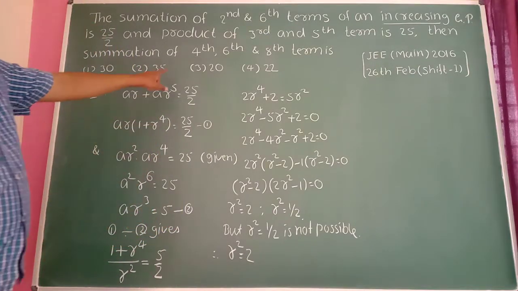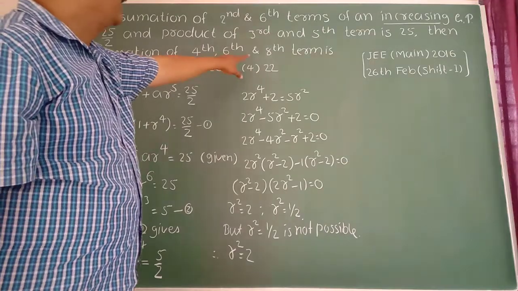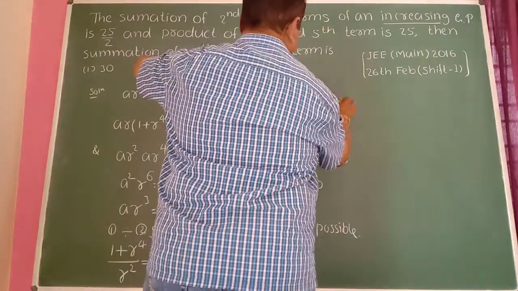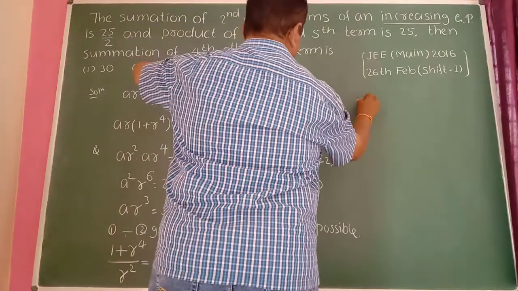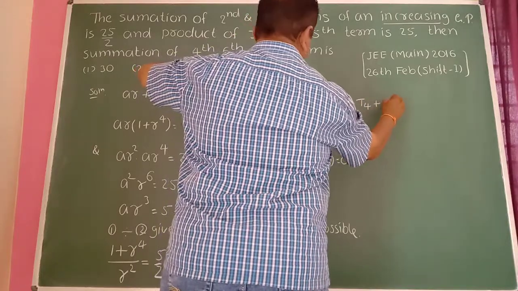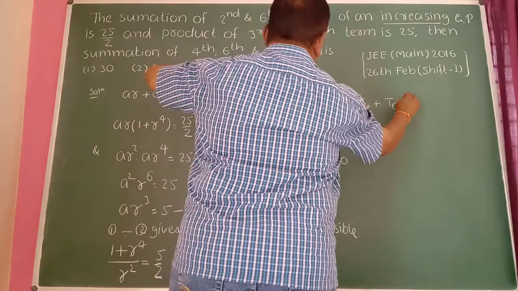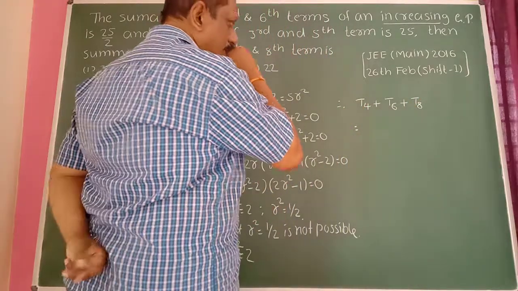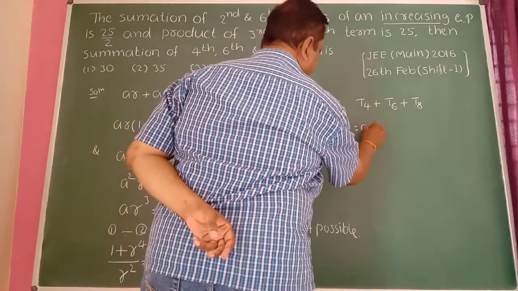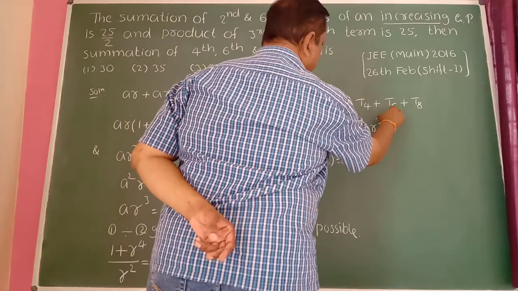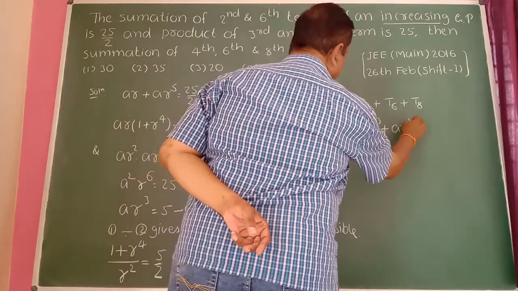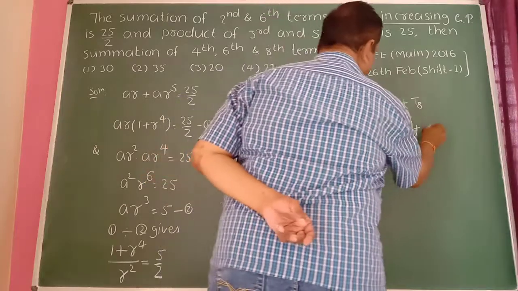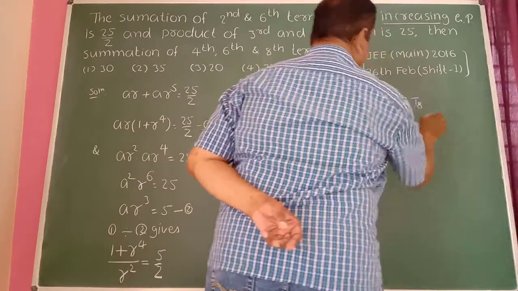Then the summation of the 4th, 6th and 8th terms. Therefore, T4 plus T6 plus T8 is equal to: the 4th term is AR^3, the 6th term is AR^5 and the 8th term is AR^7.